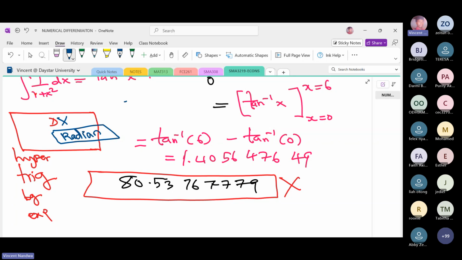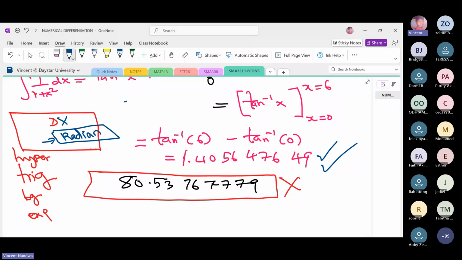Whenever you want a numerical value involving trigonometric, hyperbolic, log, exponential functions and their inverses, ensure that you change your calculator to radians mode to get the correct answer. So this is the correct answer, and this is what you'll have.